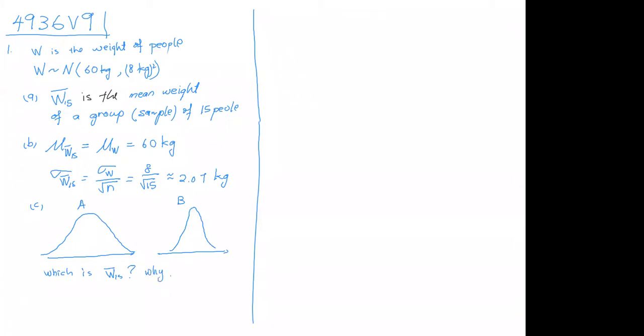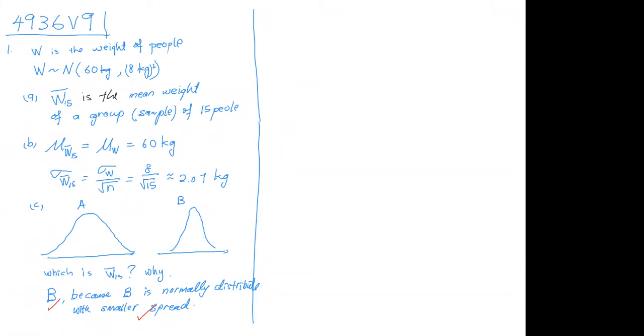So you say B, because B is normally distributed with smaller spread. The first part is not important in this case, but the important part is that B is normally distributed with smaller spread. I will not give mark for the first part because both are normal. So I will give mark on this.